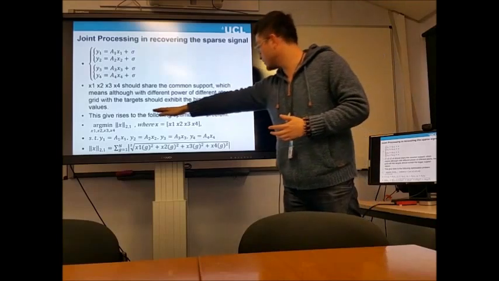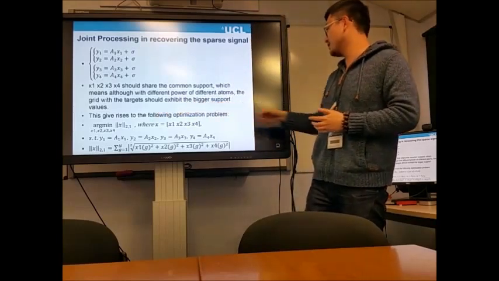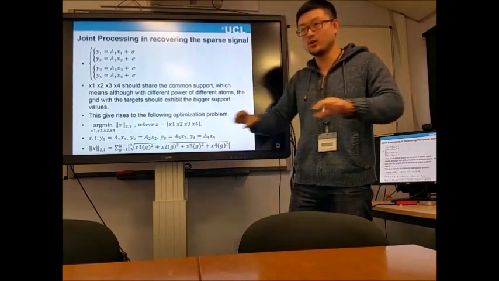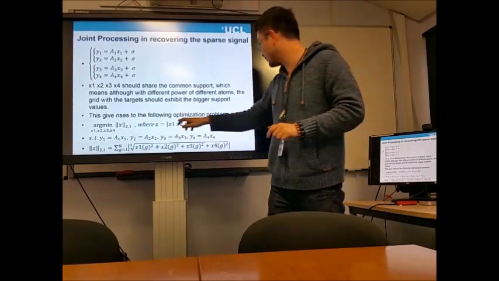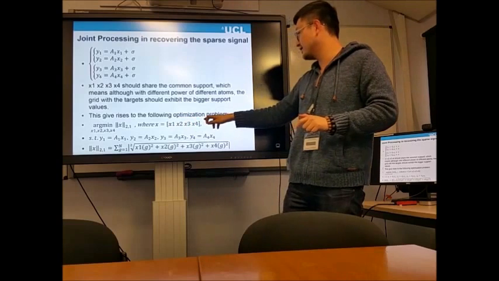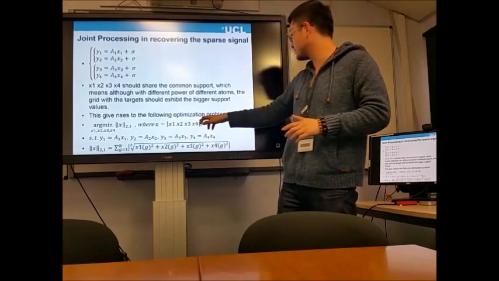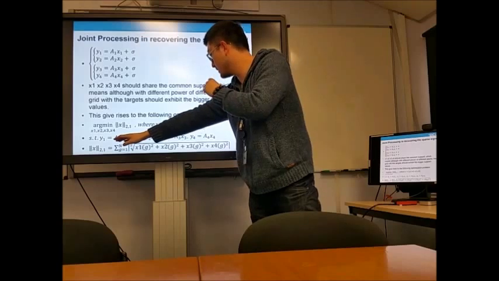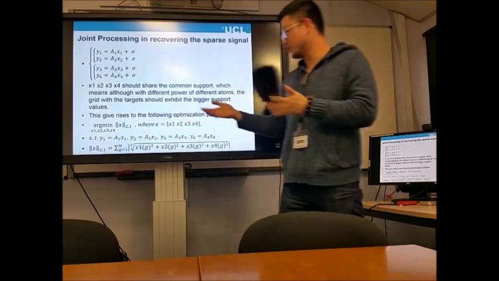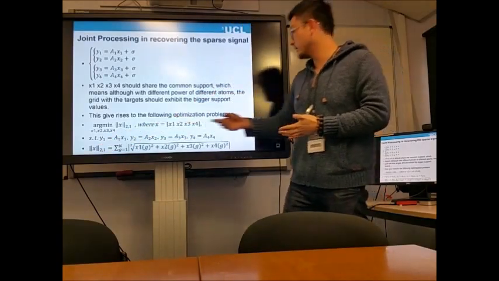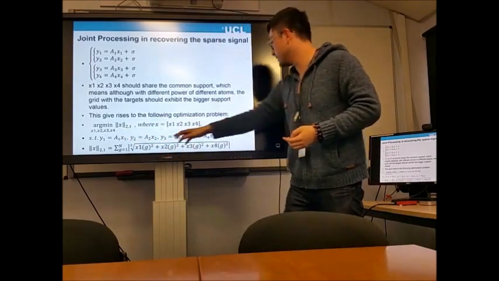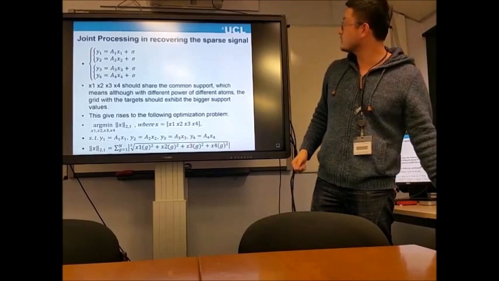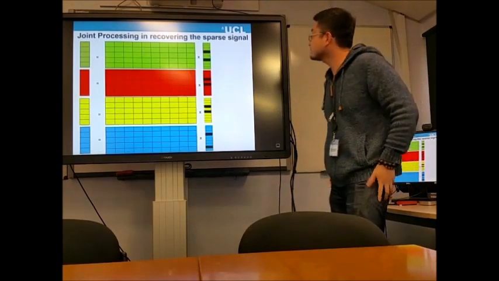This gives rise to the following optimization: we put X, a really long vector consisting of the 4 vectors from the 4 receivers, X1, X2, X3, and X4, and we solve this norm 2,1 problem of that vector X.